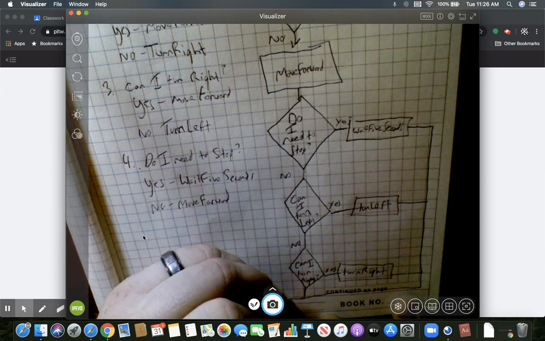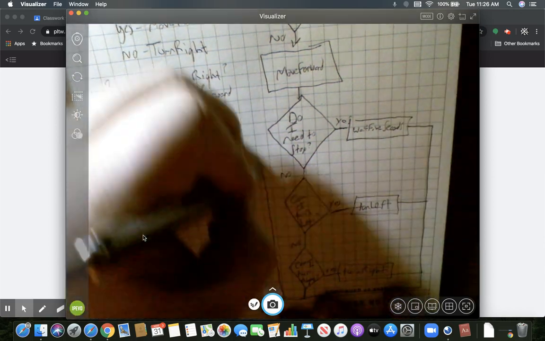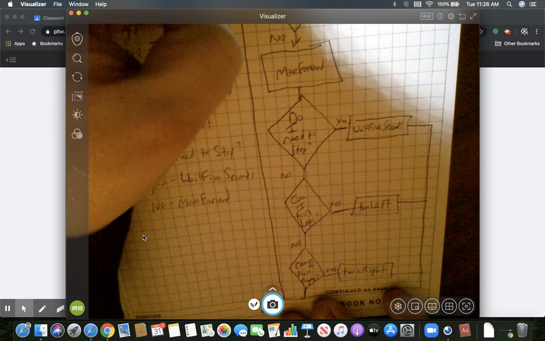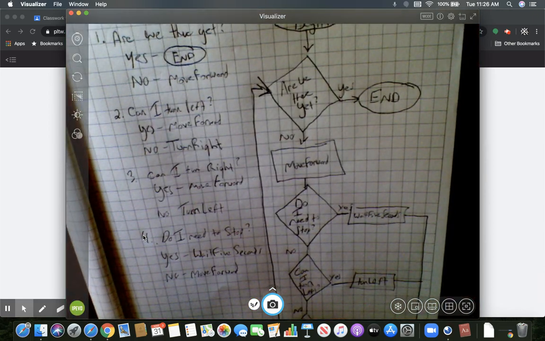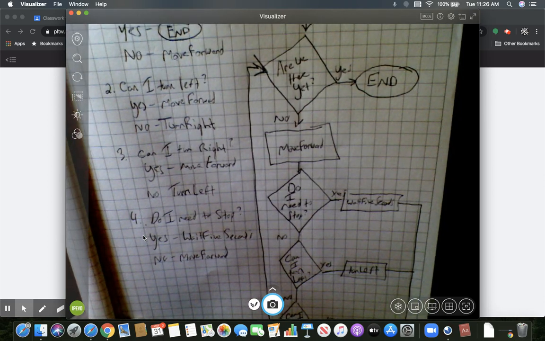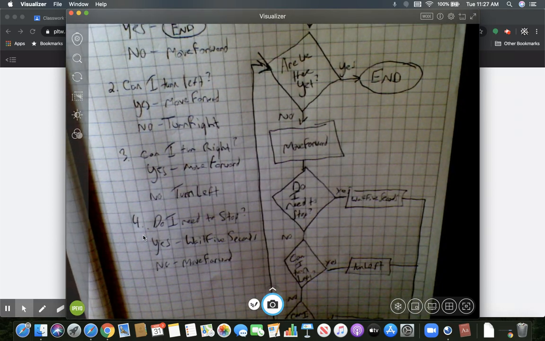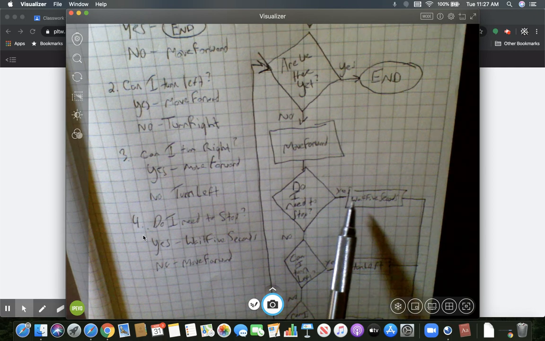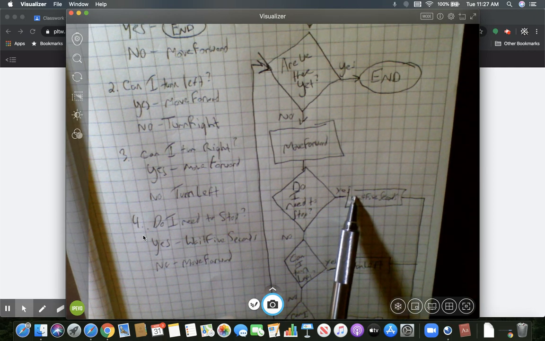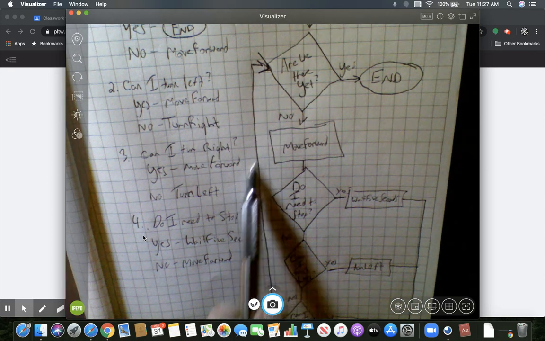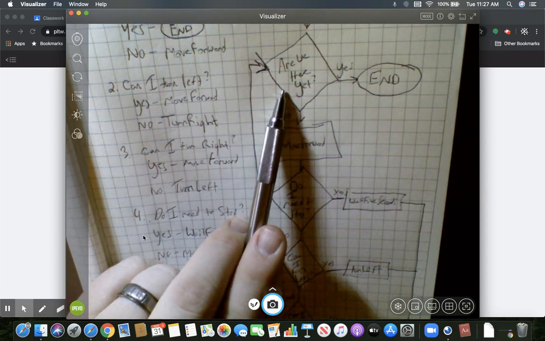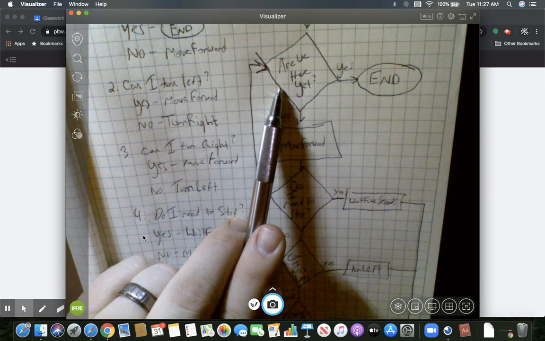If it's a no statement, then we have to bring our line all the way back up to the question, are we there yet? And why is that? Well, this may be a little confusing for you, but the reason is because if it waits 5 seconds, now it has to move forward. Well, if that's the case, bring it around and have it ask the question again. Before I start moving the bus, are we there yet?